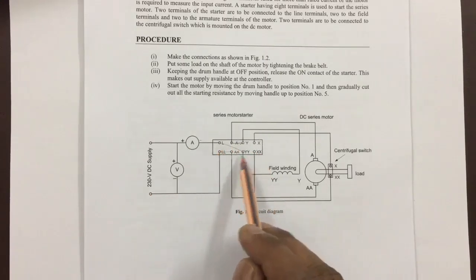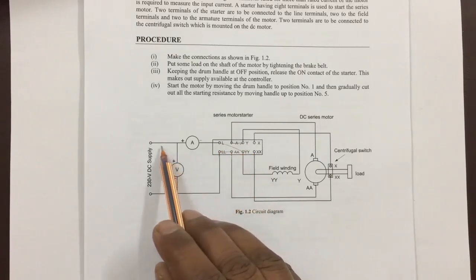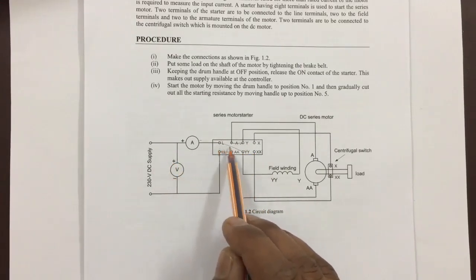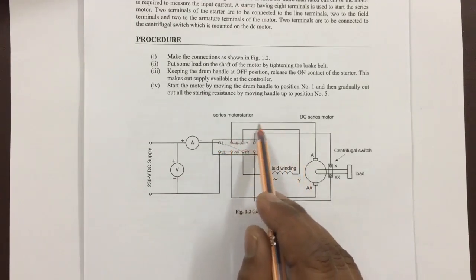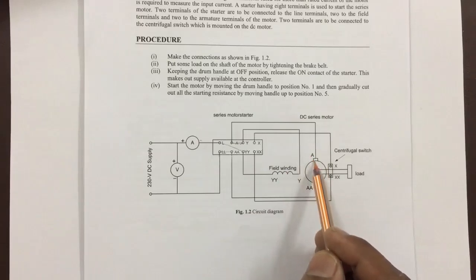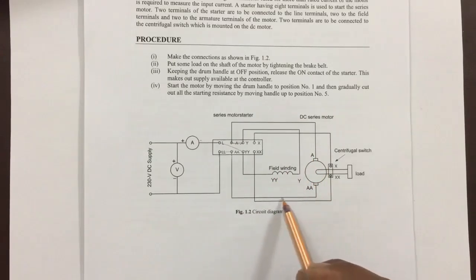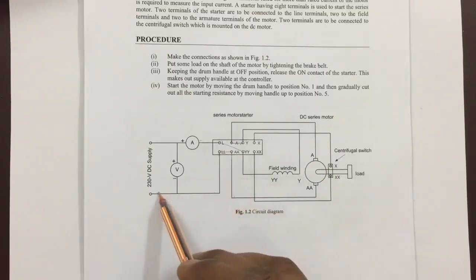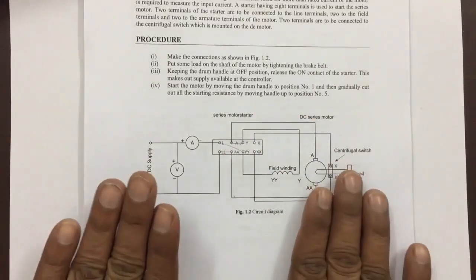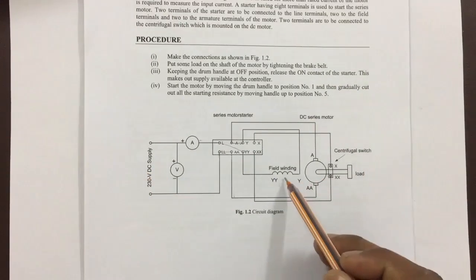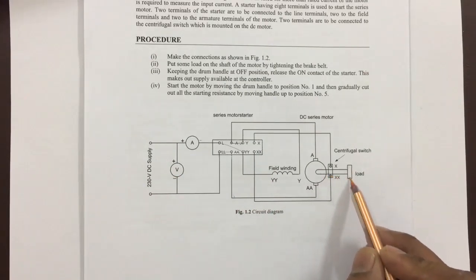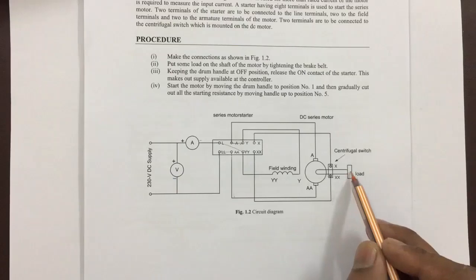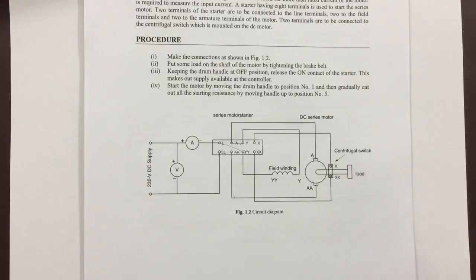This is a starter and we will give the supply, and in series with the armature winding, the field winding will be placed and the circuit will complete like this. So in this way, this is the motor, this is the field winding, supply is given from here. The load will be applied at the motor through the pulley. We will see how we can do that.